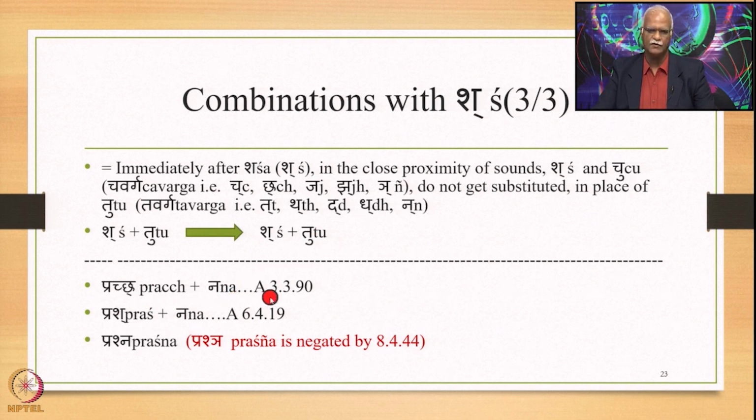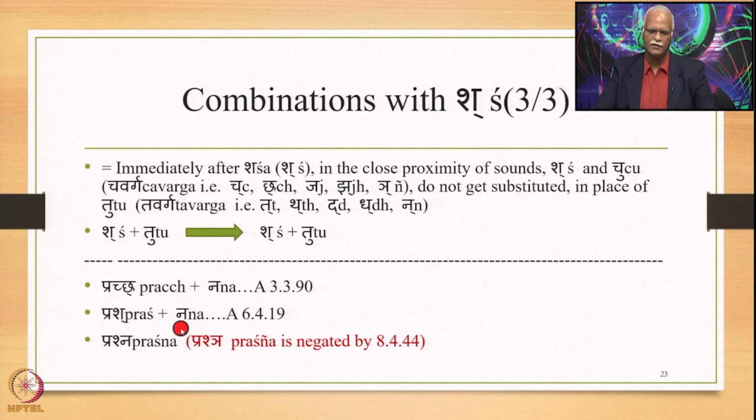Na is added after the verbal root pracha by 3390, and so 6419 replaces this cha by sh. So, we have prash plus na, and there are some other complications which we do not need to go into the details of. So, we have prash plus na. Now, this is sh, this is tu.